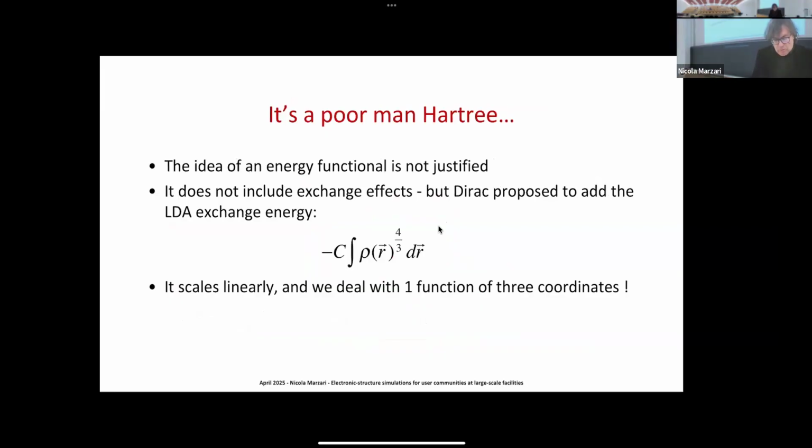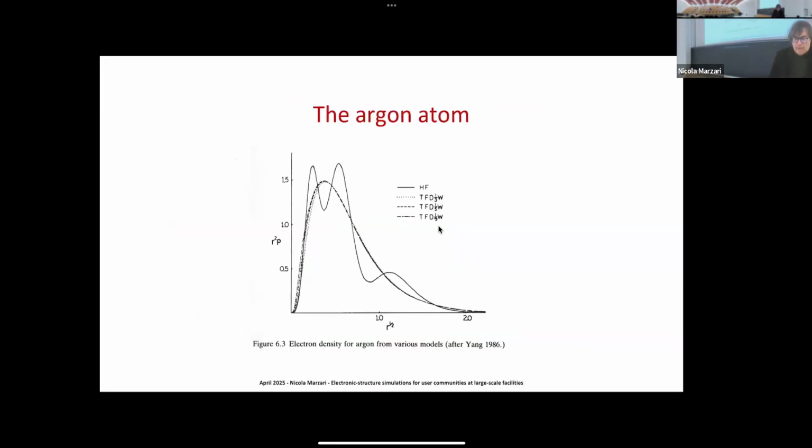Dirac made some suggestion to try and take into account the spin symmetry. I don't want to focus too much, but when they tried solving something, this is a good example, the argon atom. What they found is a charge density profile that goes like this, and the Hartree-Fock was going like this. What do we learn? It's quite okay.